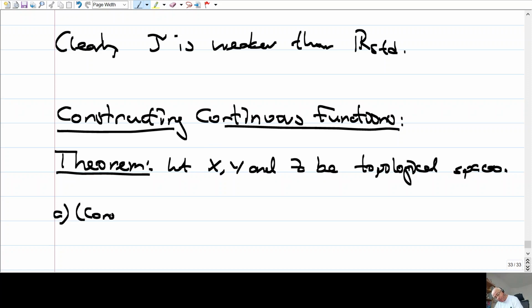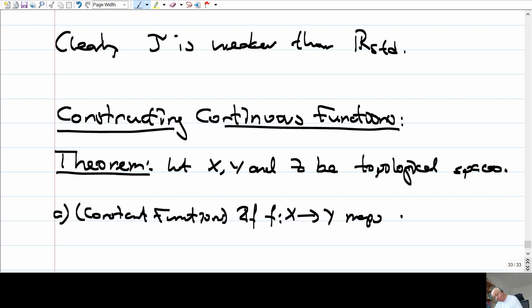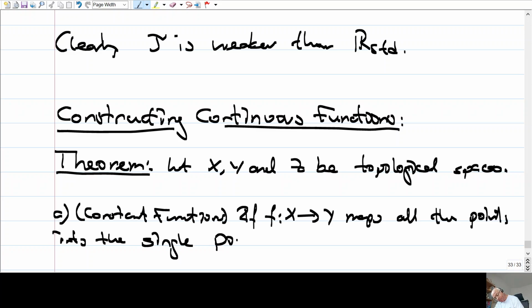First, constant functions. If f from X to Y maps all the points into the single point y0 of Y, then f is continuous.